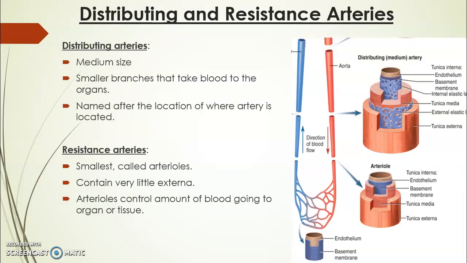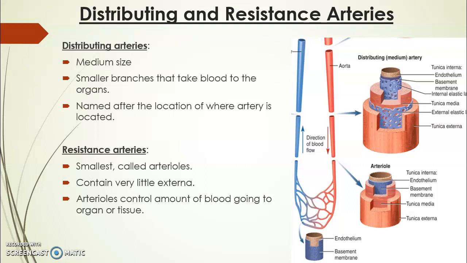Again, distributing and resistance arteries now are going to go from that large-sized vessel into this medium-sized, and these are going to be branches off of the aorta. So much like when we actually look at the vessels, we're going to find that they're going to be named after the location that they are going to feed.